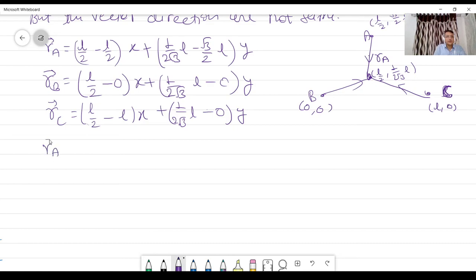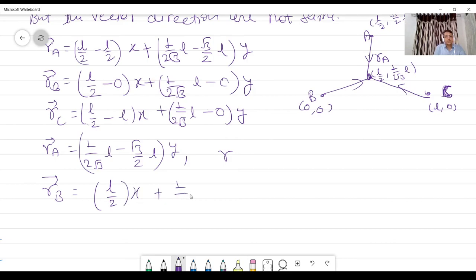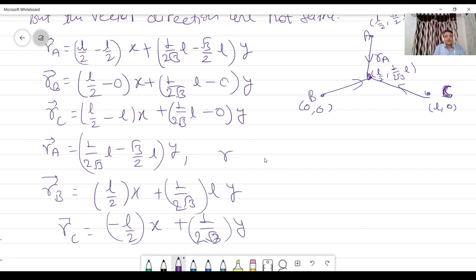RA is equal to (1/(2√3)) L minus (√3/2) L y only. Then RB is equal to L/2 x plus (1/(2√3)) L y, and RC is equal to minus L/2 x plus (1/2)√3 y. Okay, so now we have the vector forms in these three equations.